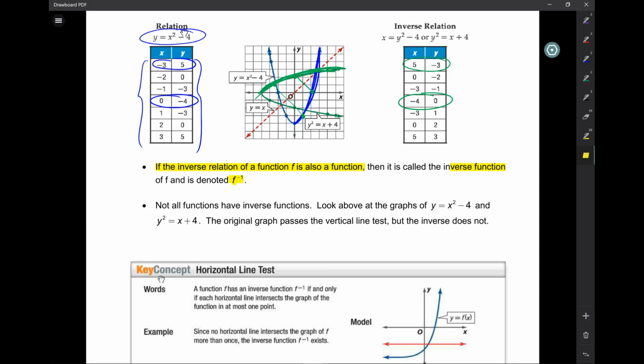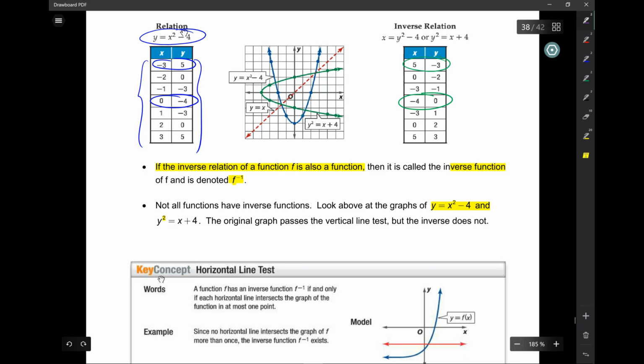All right. Not all functions have inverse functions. For example, y equals x squared minus 4. That's that blue one here. If I erase everything, y equals x squared minus 4, that's that blue graph right there.